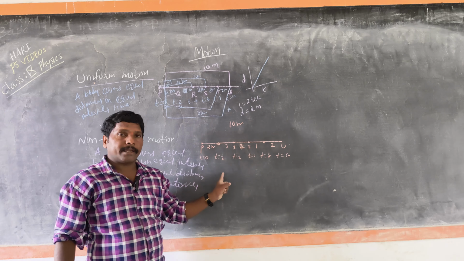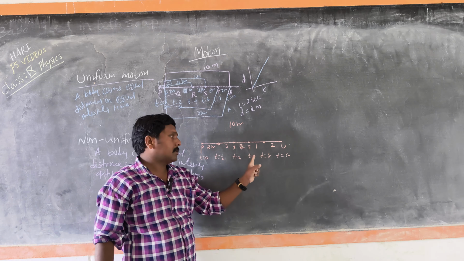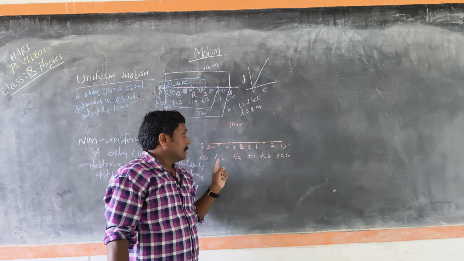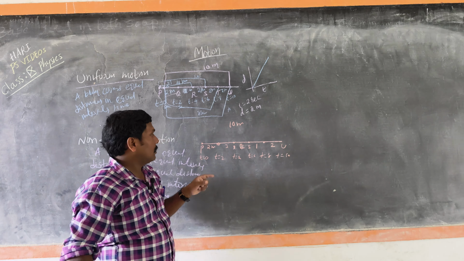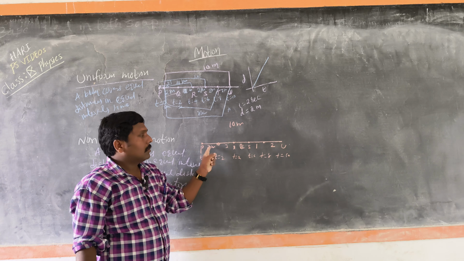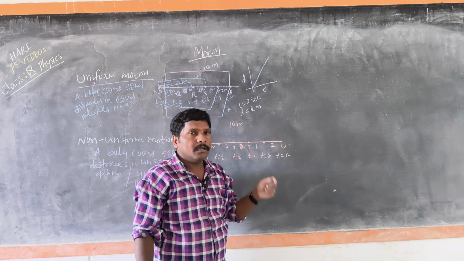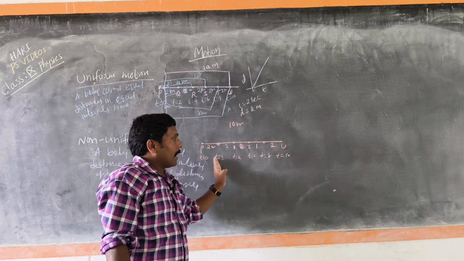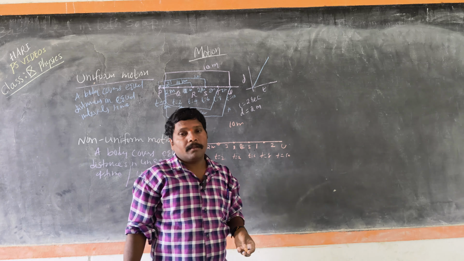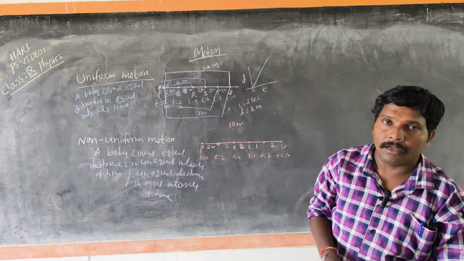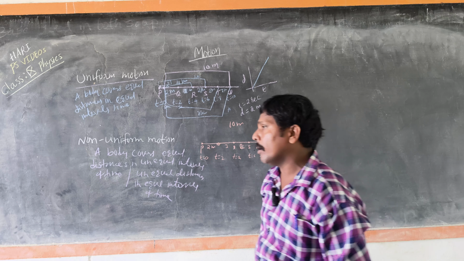Time gap 2 seconds: 2 minus 0 is 2, 4 minus 2 is 2, 6 minus 4 is 2, 8 minus 6 is 2, 10 minus 8 is 2. Same equal intervals of time, but look at the distance. First 2 meters, then 3 meters, then 2 meters, then 1 meter, then finally 2 meters. So the time gap is the same, but the distances covered are different. Then the body is said to be in non-uniform motion.